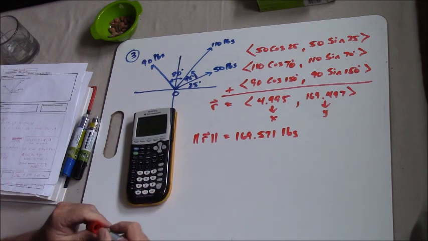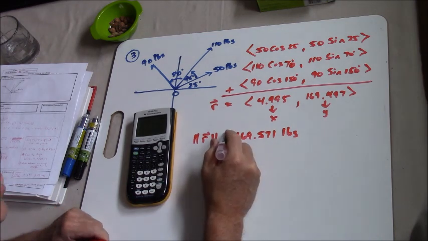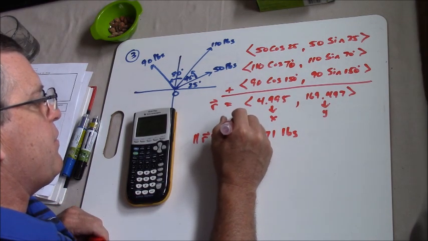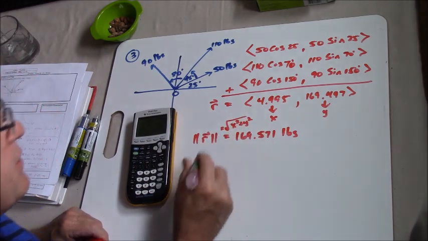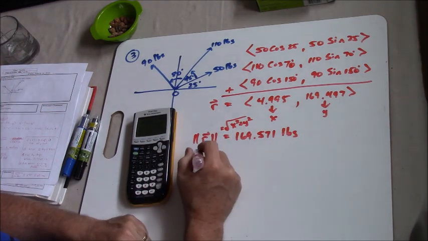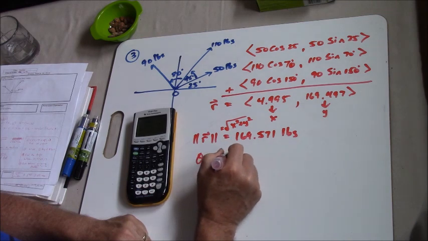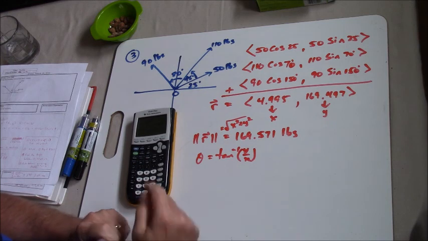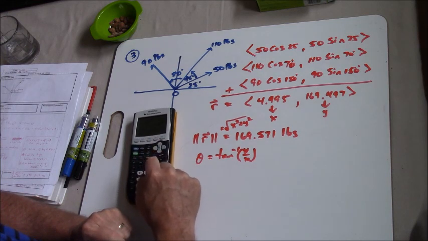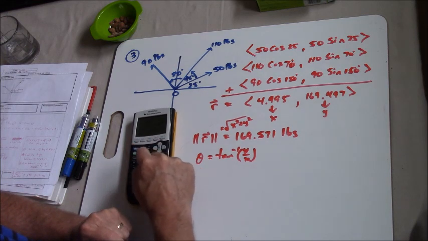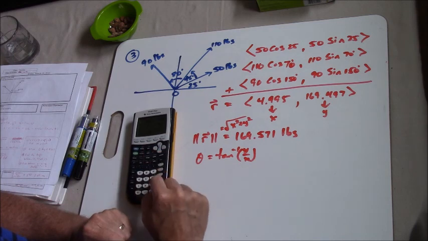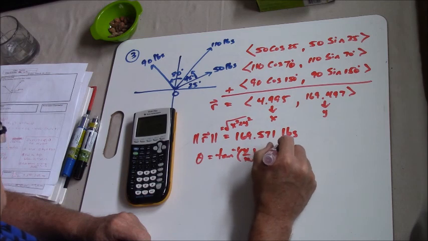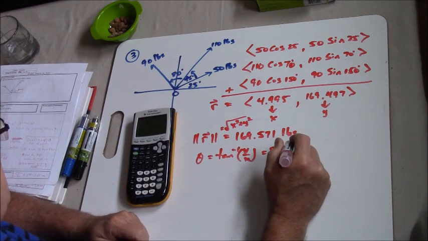I really should have written down that it equals the square root of x squared plus y squared. That's showing my work. Theta equals the inverse tangent of y over x. So let me do that: inverse tangent of alpha y divided by x, and I get 88.312.